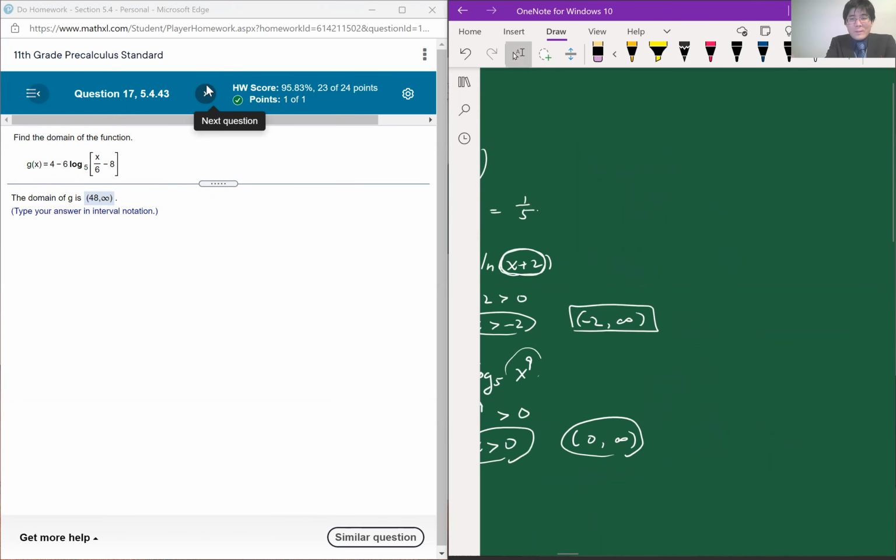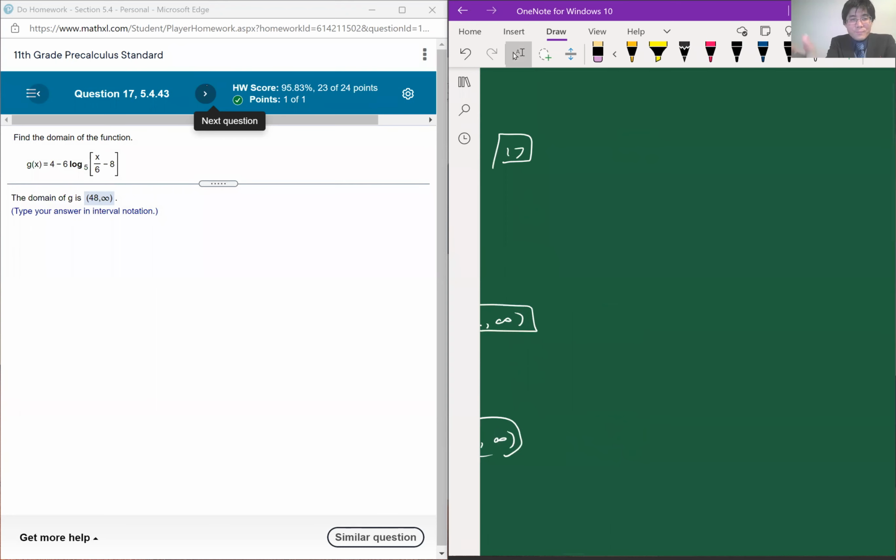Okay. Number 17, another domain problem. g of x is equal to 4 minus 6 log base 5 of (x over 6 minus 8). So basically the 4 minus part is okay for any x, and we pay attention to the inside of the log function.